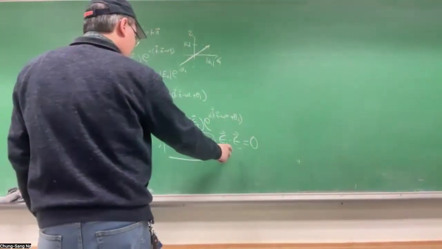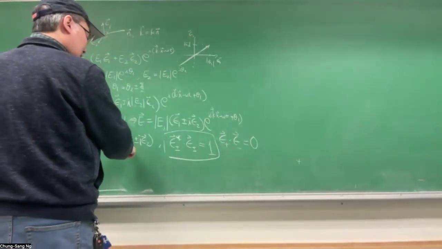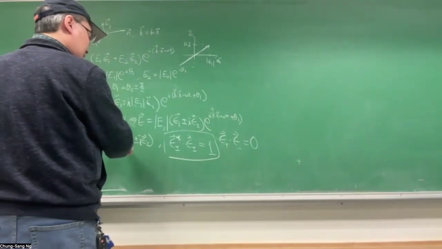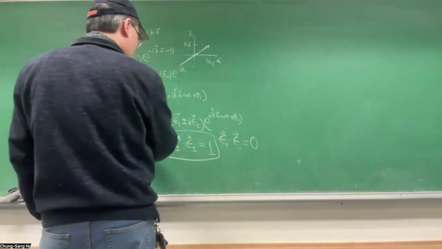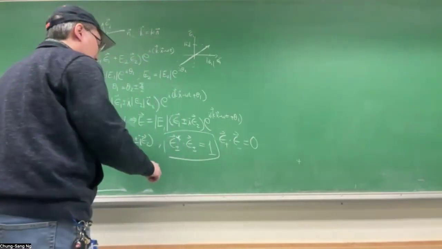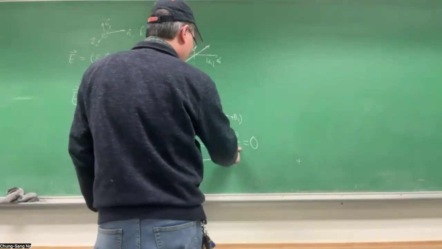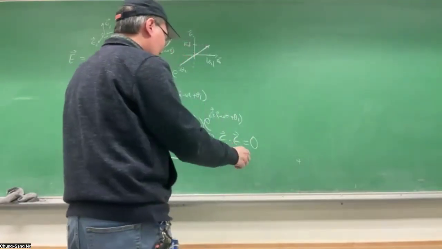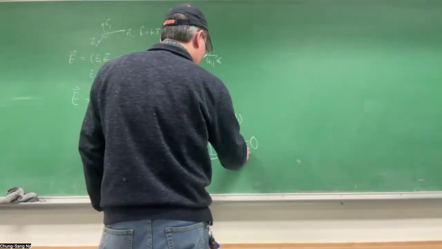Right. So I should say, it's not normalized this way. So it's normalized in the original one, epsilon plus or minus dot epsilon 1 or 2.